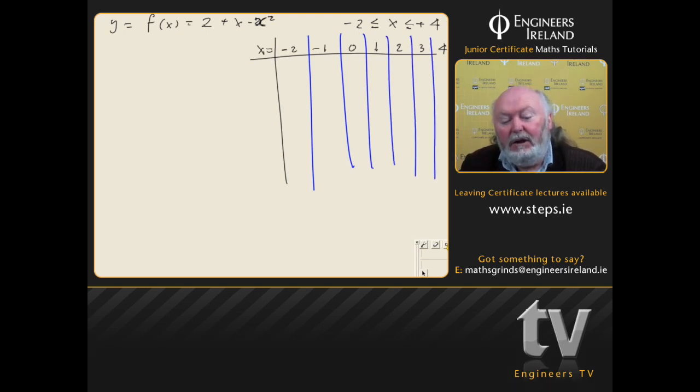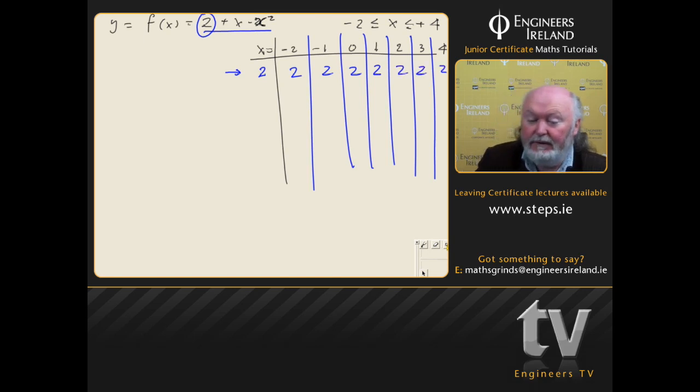It's very easy to be a hero and do the whole equation out in one line. Why? The easiest thing is to deal with the equation in a systematic manner. We have a 2. That's the first bit. You have a plus x.